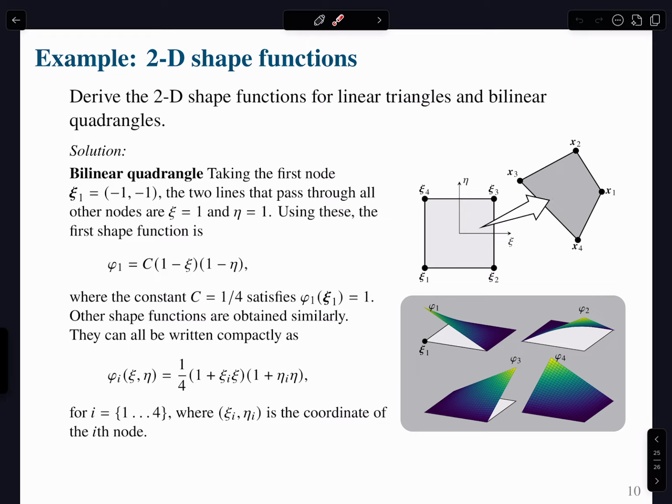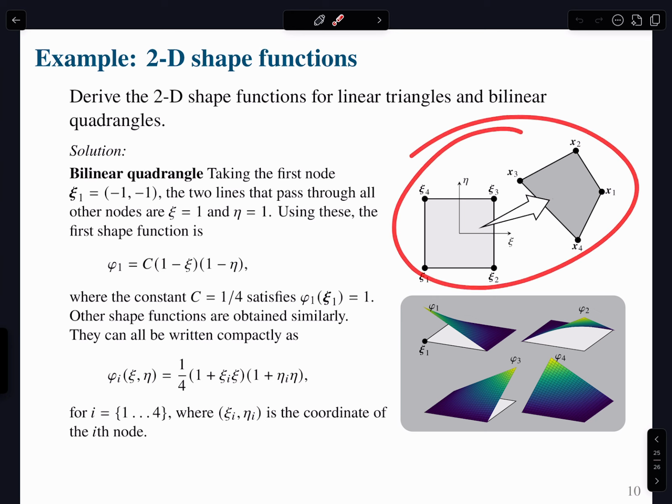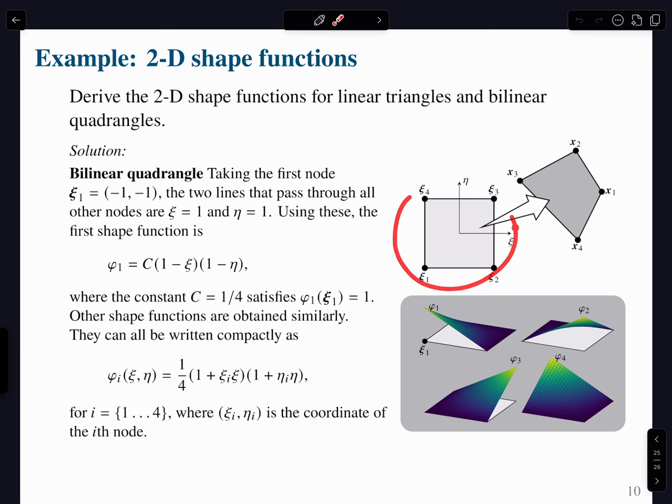So because now we have a bilinear term, I'm going to ask you, how do you think my strain displacement matrix is going to look like? Is it going to be constant? Not anymore. I'm going to have some terms that are non-constant in that matrix. And so, again, if I am mapping the geometry, notice that this is the geometry mapping, the master element gets mapped into the physical element in the physical space.